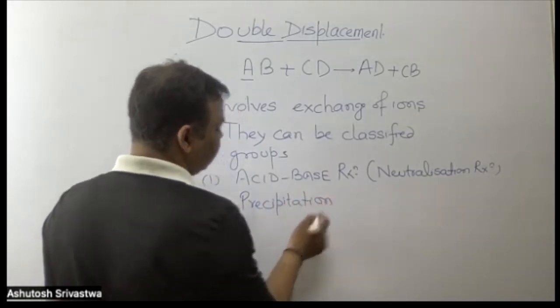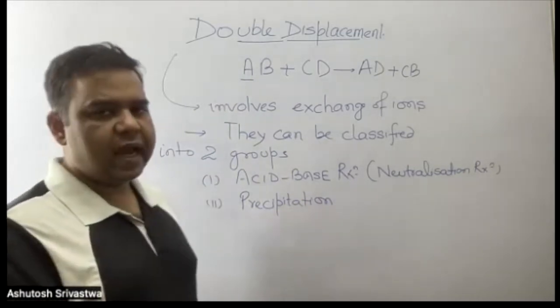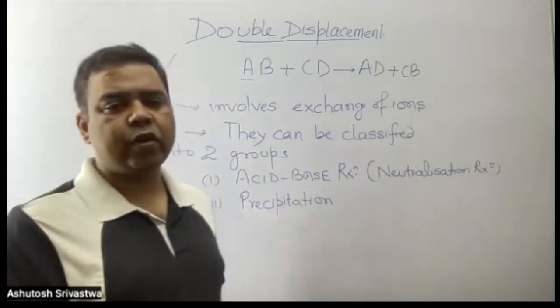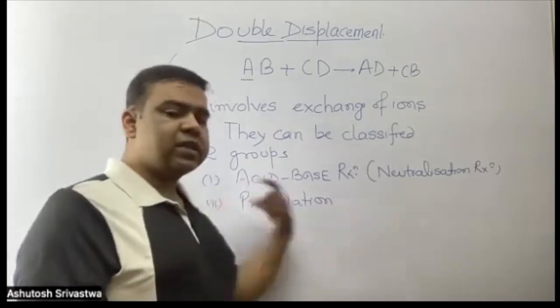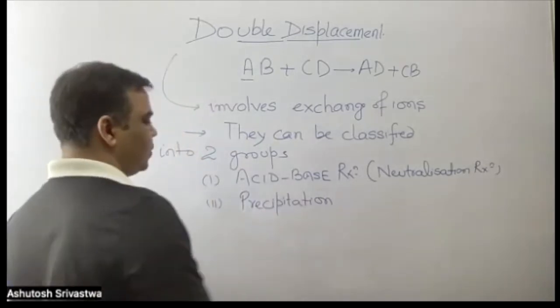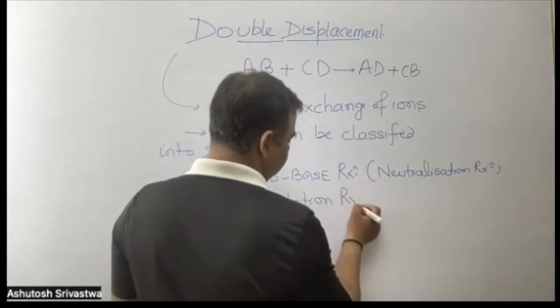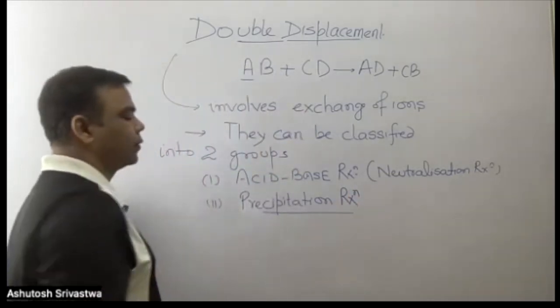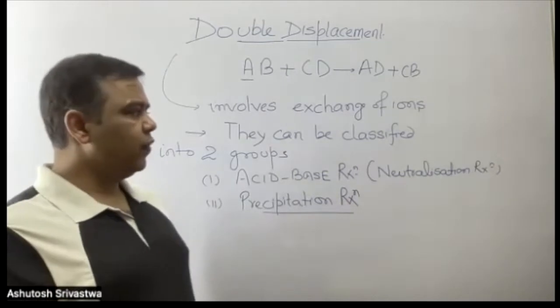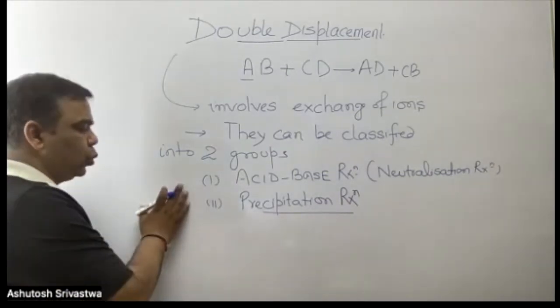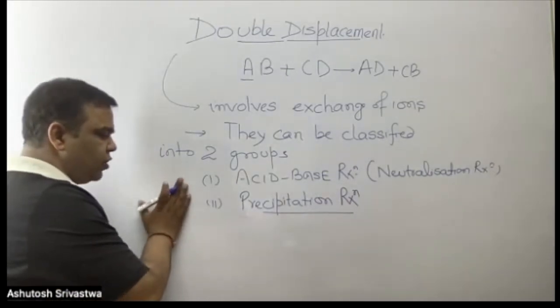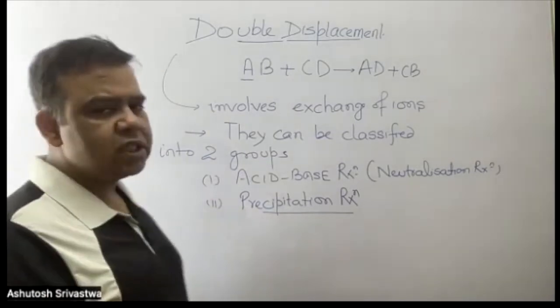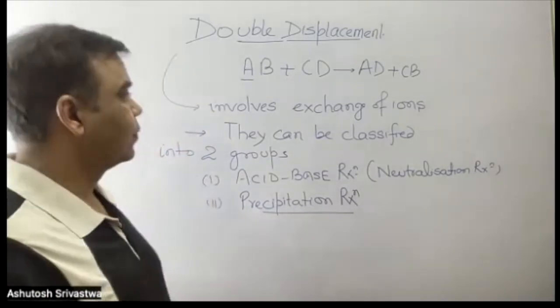We have covered some part of this precipitation reaction in our earlier class. We were talking about the different colors that we are going to get. So we will be covering this topic in more detail here. So we will be talking about two reactions, neutralization reaction and precipitation reaction. These two reactions are very, very important.